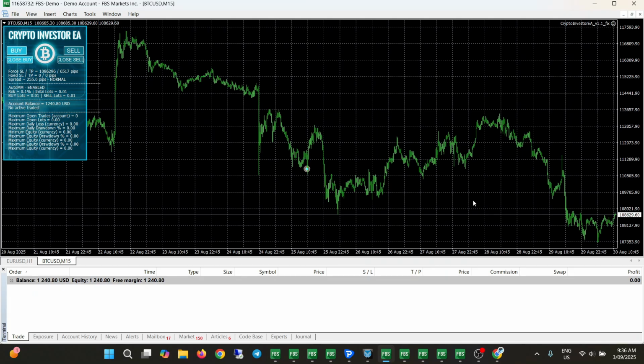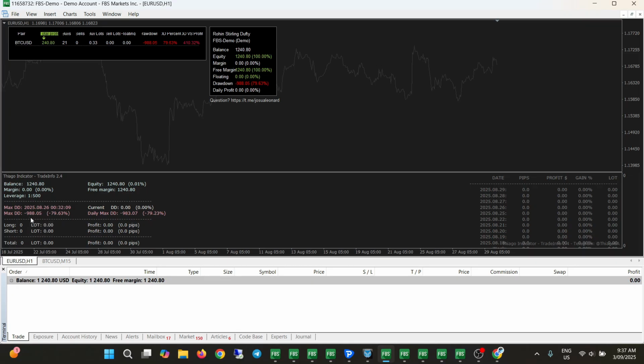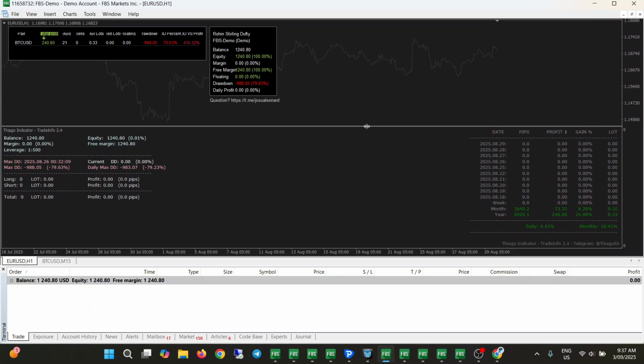Rightio, Crypto Investor. I don't think this account is on, but basically all it does is buy. It has made $240 in profit, but it doesn't show the max drawdown that we had, which was negative $1,000 basically. So what happened was Bitcoin went up to the moon.